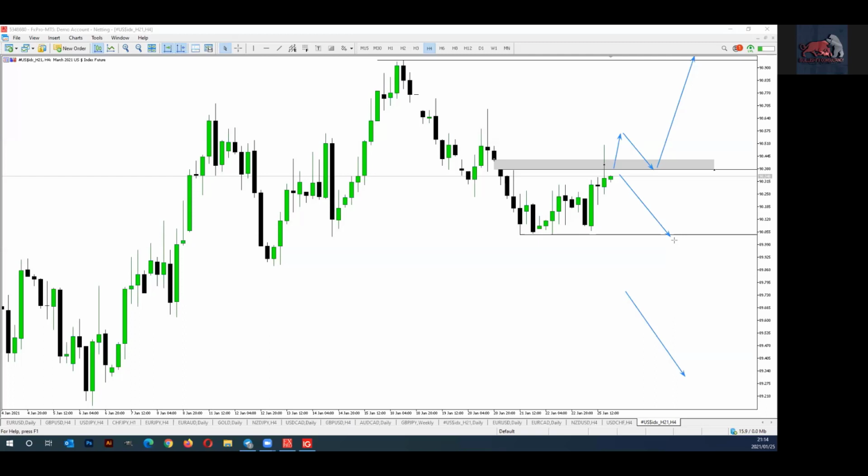Price has to rebalance. But if you look at the market structure, we've got another imbalance up there. This was manipulation, that was clearly market makers doing their work. So we've got a better chance of the market trading to the upside.